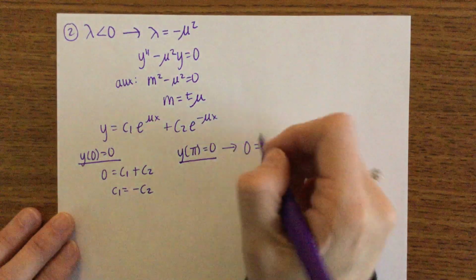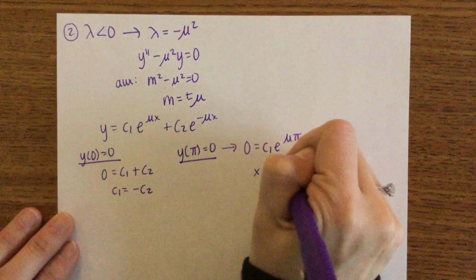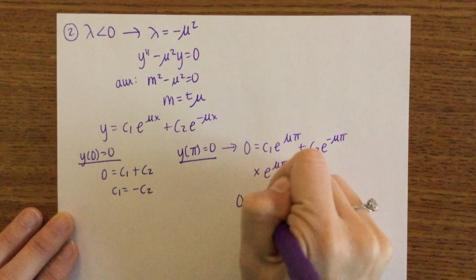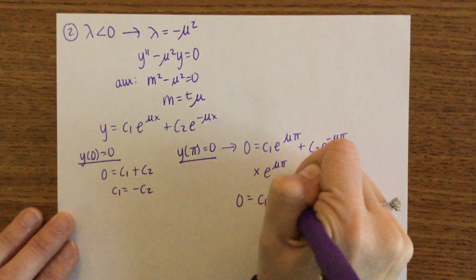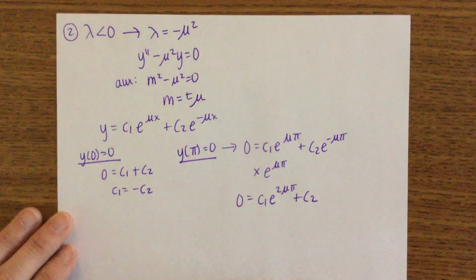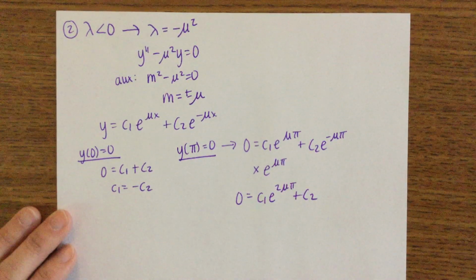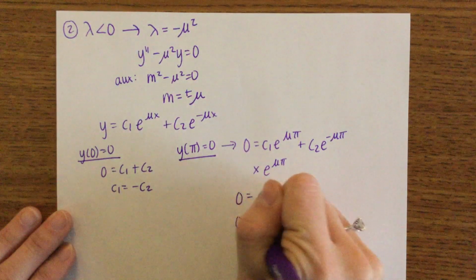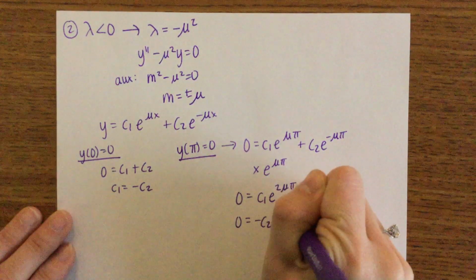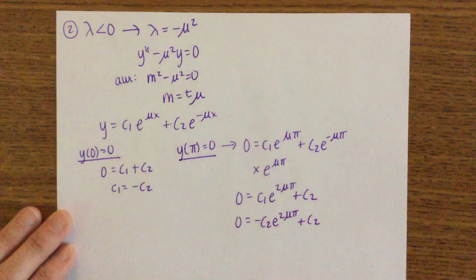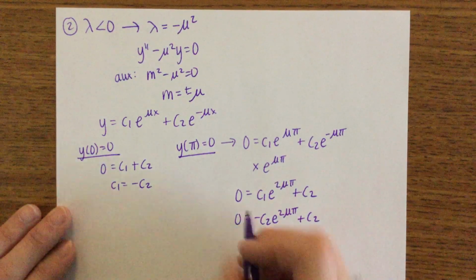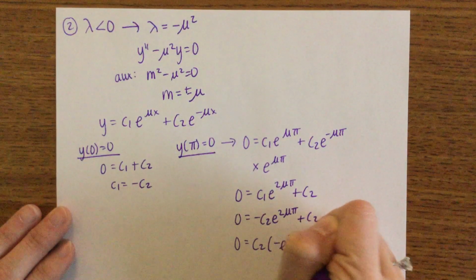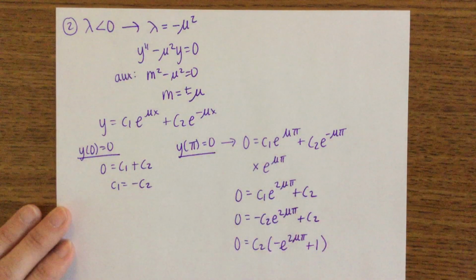So here's what I decided to do. I'm going to multiply by e to the mu pi. So then I end up with c1 e to the 2 mu pi plus c2. Now we know that c1 is equal to negative c2, so this becomes negative c2 e to the 2 mu pi plus c2. If I factor out a c2, I get c2 times negative e to the 2 mu pi plus 1.